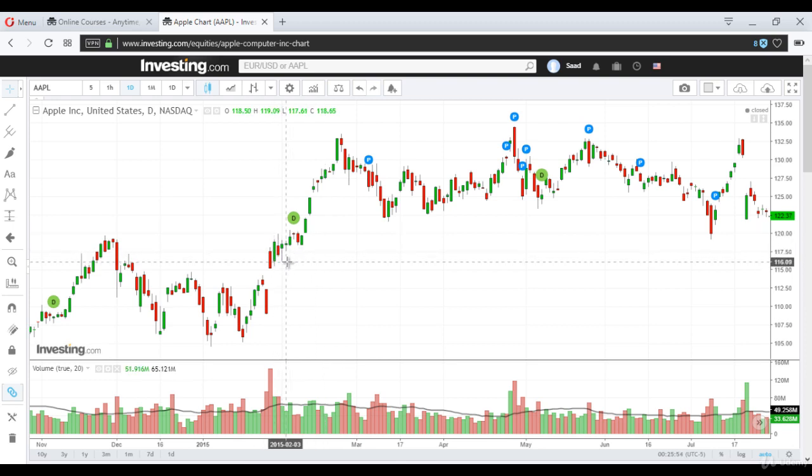So this pattern, if it comes on the support, is really bullish. It means the trend is going up again. It's considered a bullish sign because it's coming around a support. It was moving straight, and in a straight movement you happen to find this one. So once you find this one in a support pattern, it's considered extremely bullish. Why?